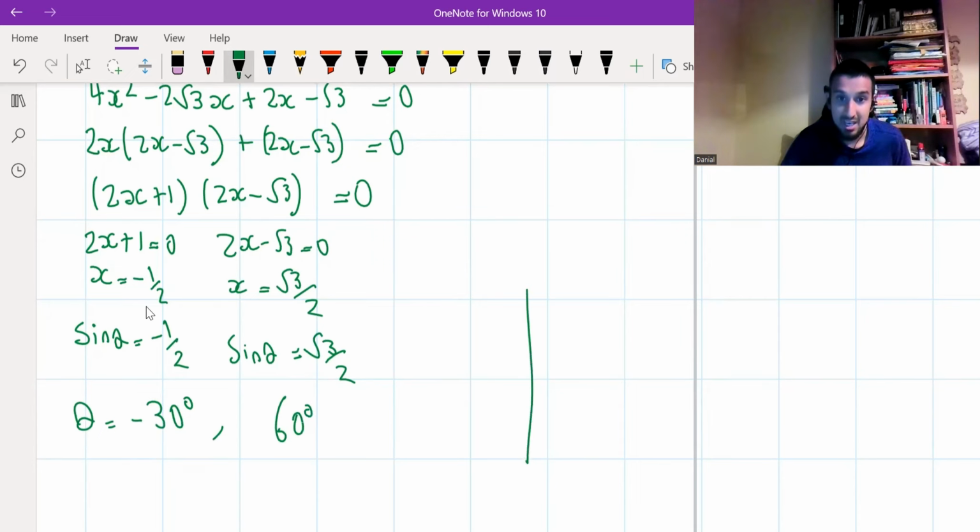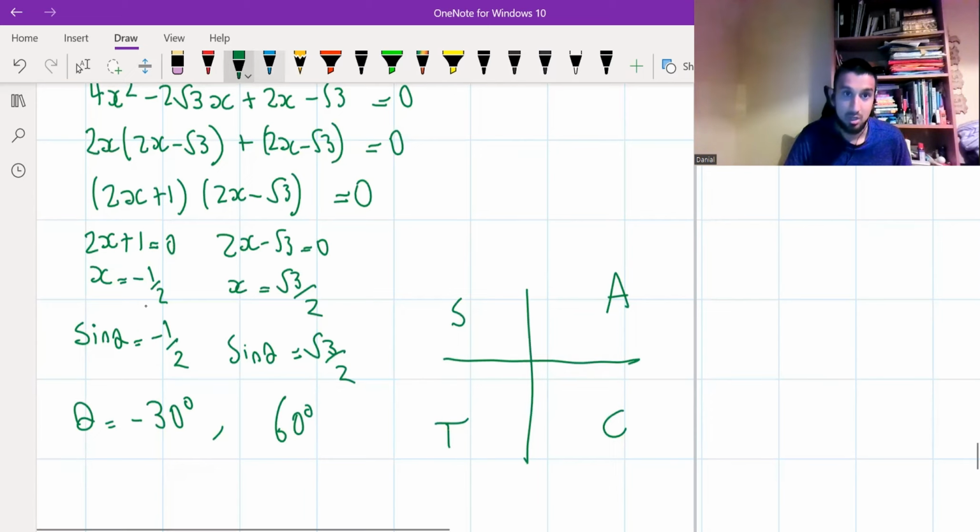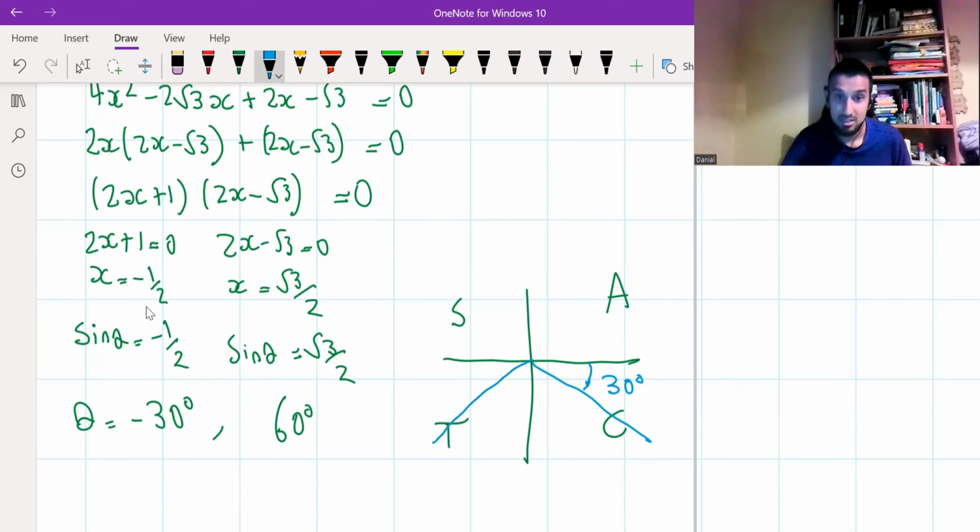Now we can use the CAST diagram to give us the values. We measure clockwise here, so the minus 30 will be anti-clockwise. And because this is minus half, we want to go to somewhere where sine is not positive.